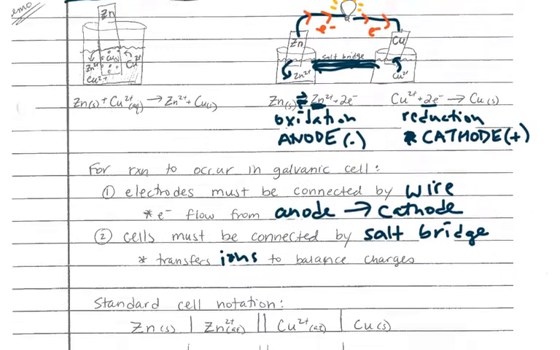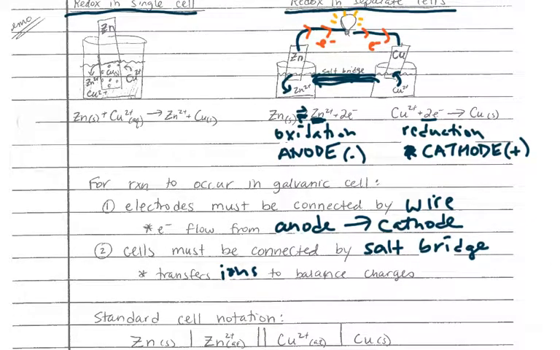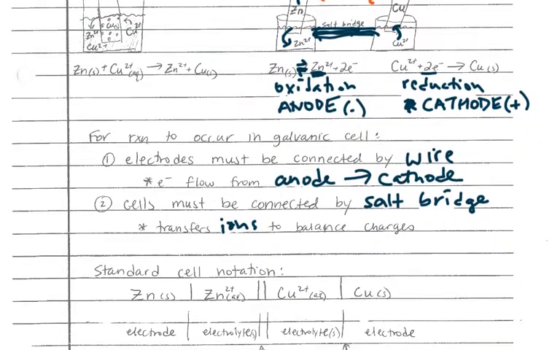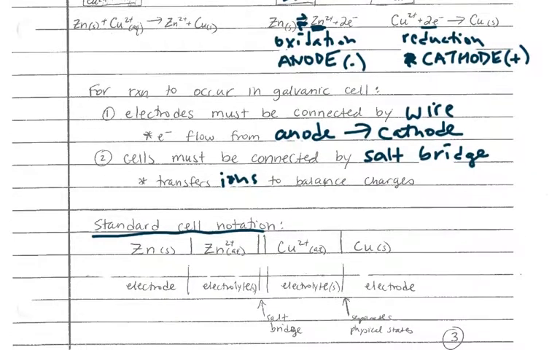And we can take this cell that we've drawn here, this setup, and we can write it in shorthand notation, because it's a lot of work to draw pictures of these setups. And so the shorthand notation for it is called the standard cell notation. And on the left side of this standard cell notation, we always write the anode components.